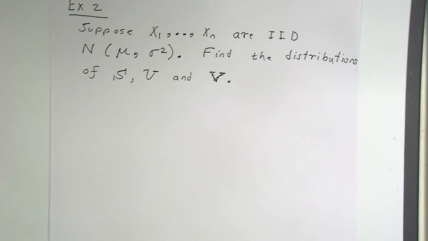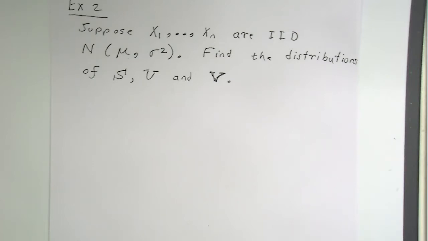But obviously, to do these kinds of questions, you need to know the formulas. But the formulas will be given to you. All you need to do is apply the formulas and derive what the distributions of S, U, and V are.